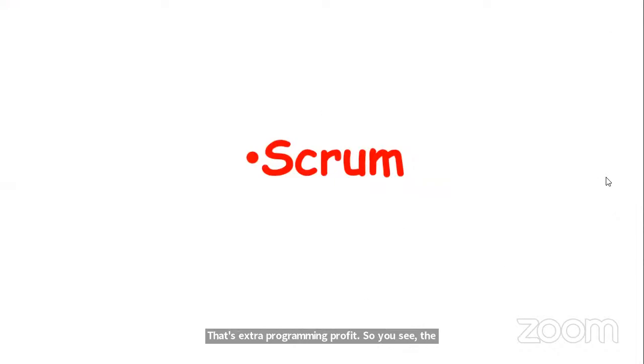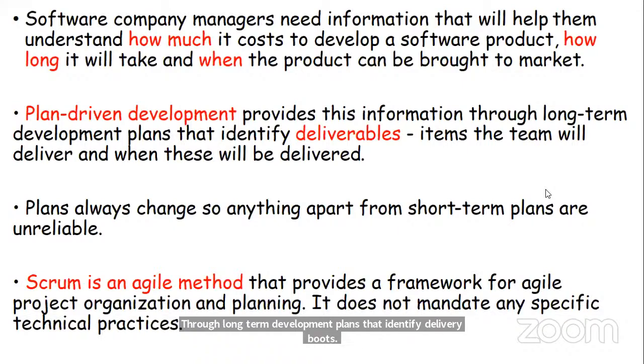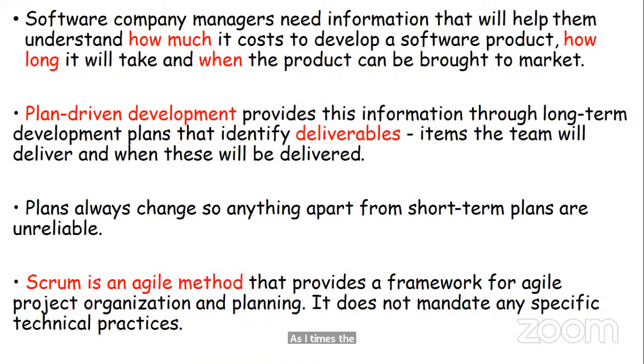Another one is Scrum. Software company managers need information that will help them understand how much it costs to develop a software product, how long it will take, and when the product can be brought to the market. Plan-driven development provides this information through long-term development plans that identify deliverables, that's items the team will deliver, and when they will be delivered.